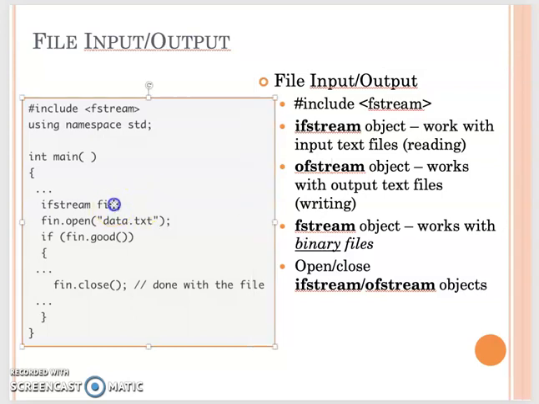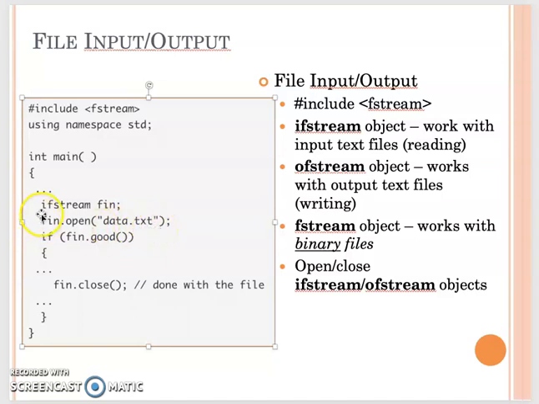So here is the example. If we want to open a text file, so then we can see we want to read the information. So we include fstream. So usually we have the file stream object to create. So here we want to read from the data.txt file.